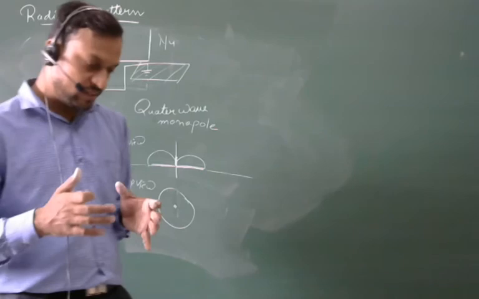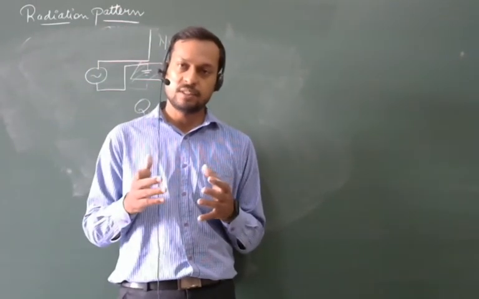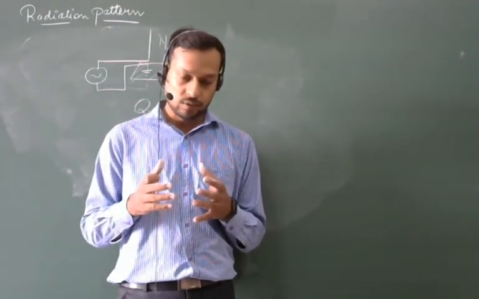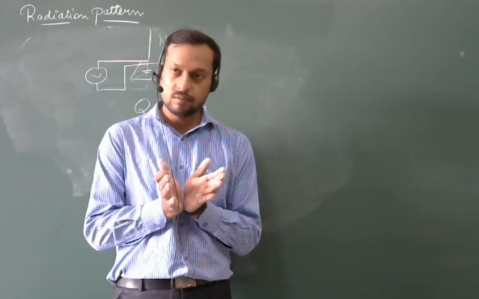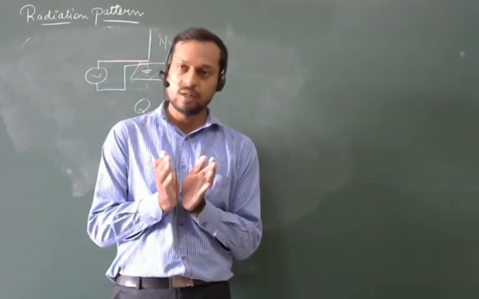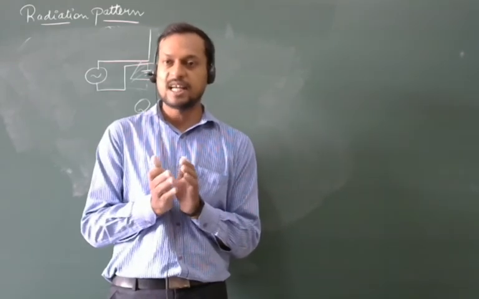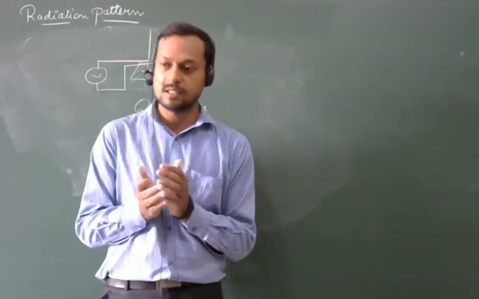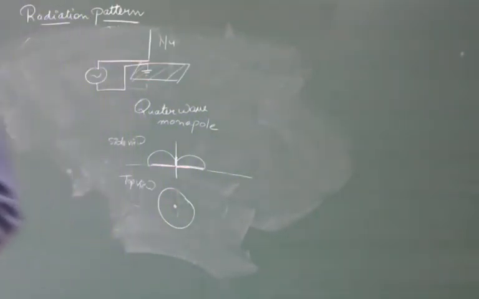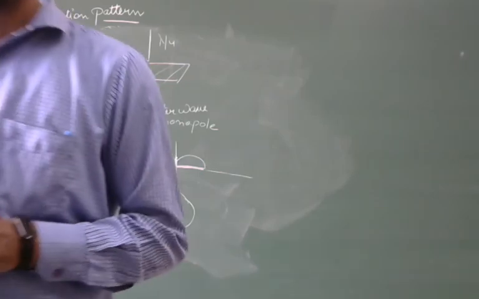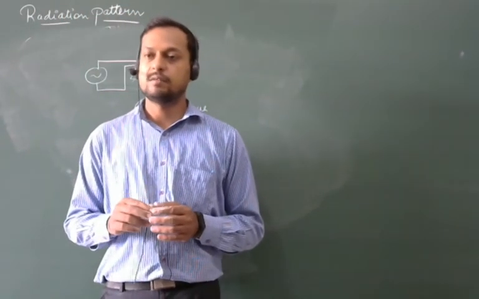So according to these lobes, there are several parameters. The angle of the lobe, that is the vertical and the horizontal angle, describes the radiation pattern of the antennas.